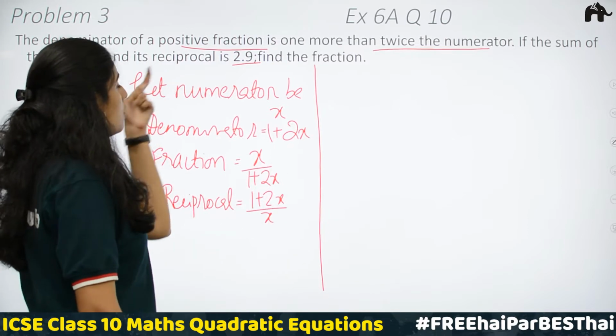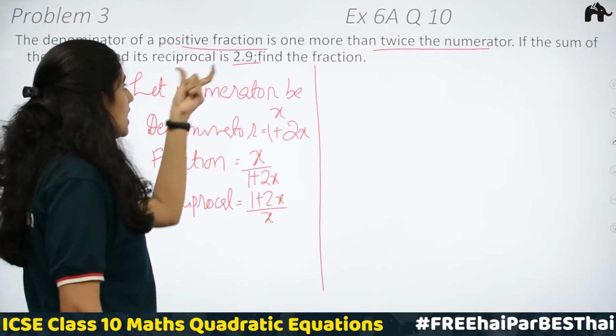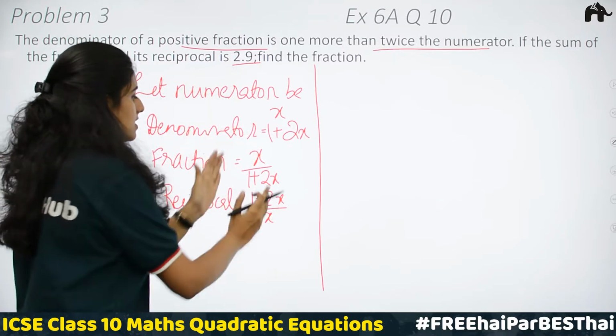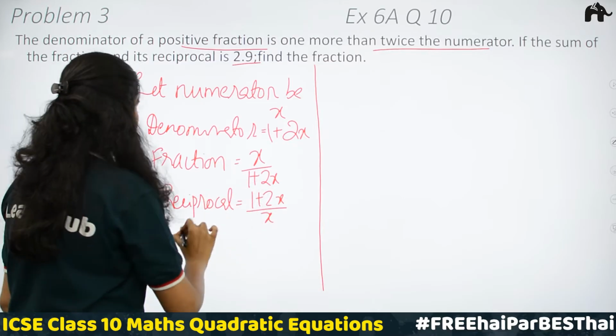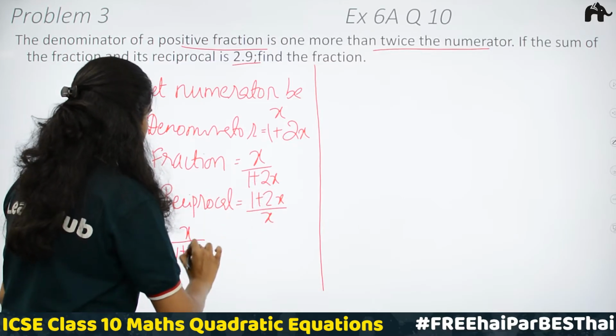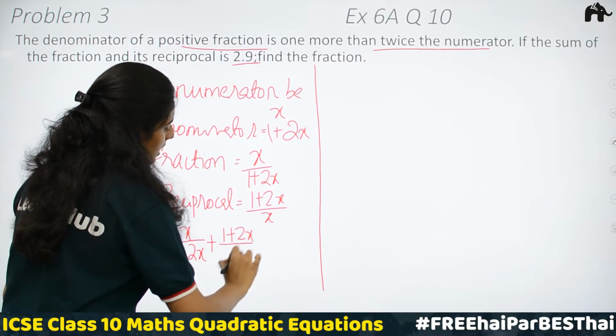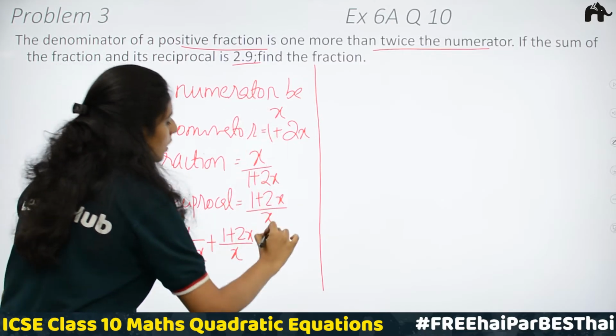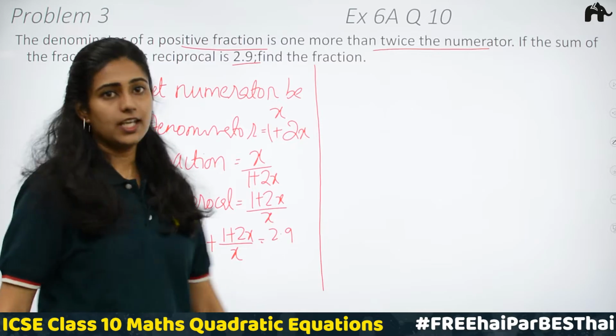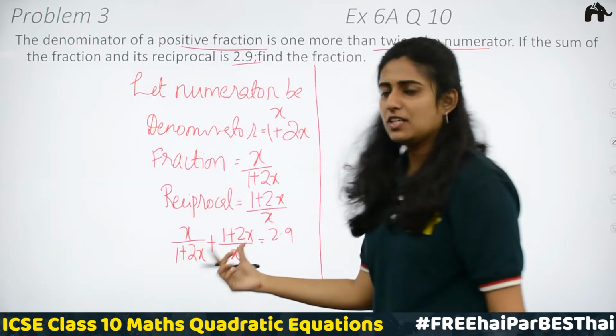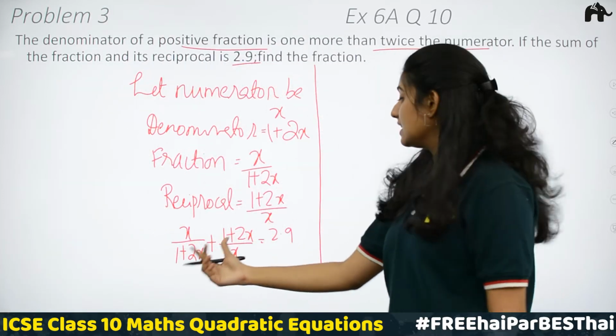Given that the sum of the fraction and its reciprocal is 2.9. How can you represent the sum? We have to add them. That is x by 1 plus 2x plus 1 plus 2x divided by x is equal to 2.9. Okay, now take the LCM. The previous question we have done a similar one.